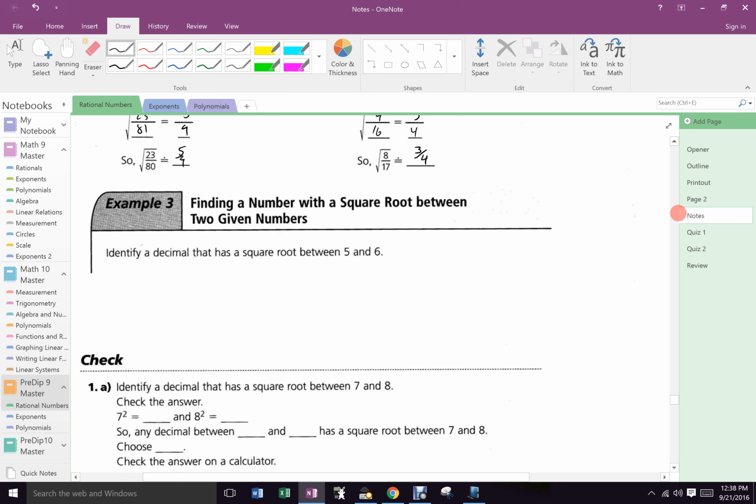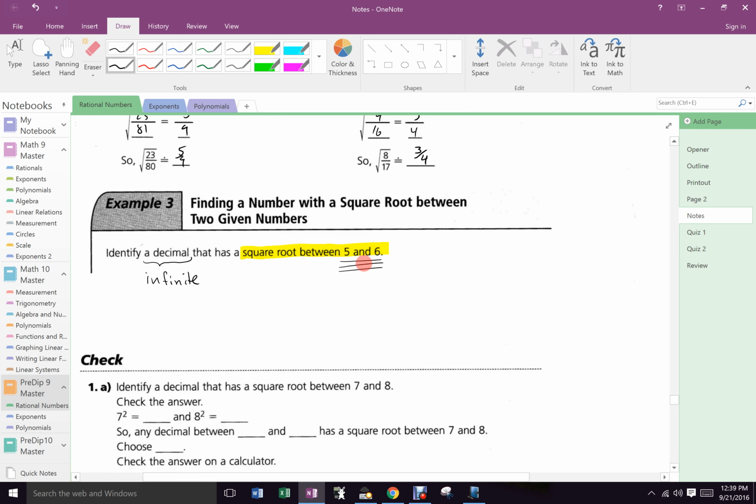Now, guys, this is the reverse of what we just did. Identify a decimal. How many decimals exist? So that must mean there's an infinite answer to this question. It has a square root between 5 and 6.